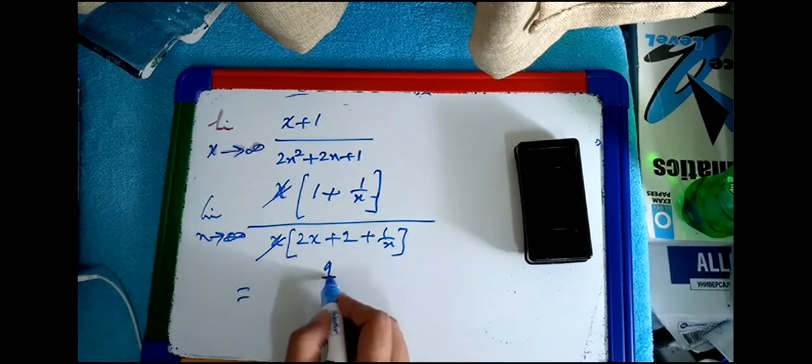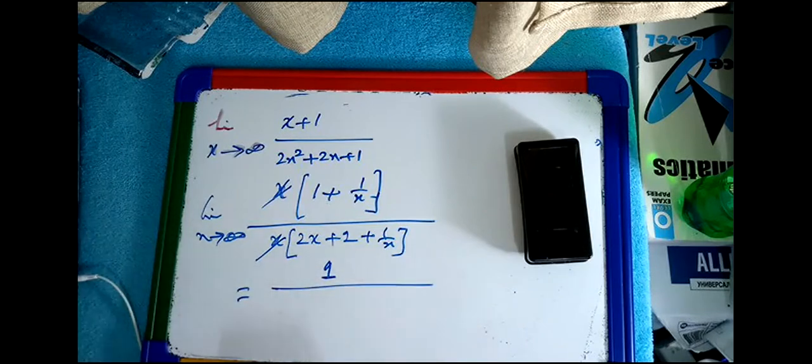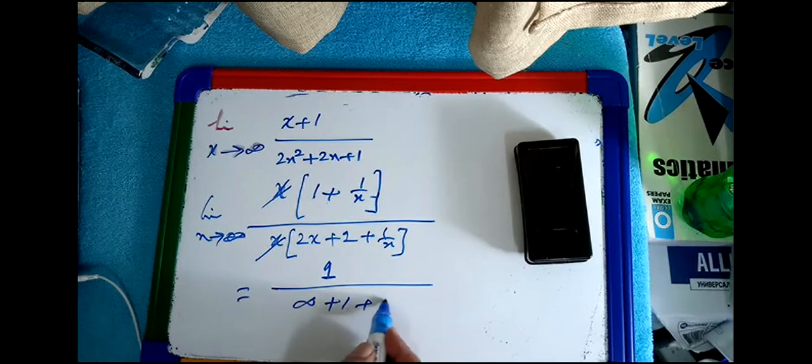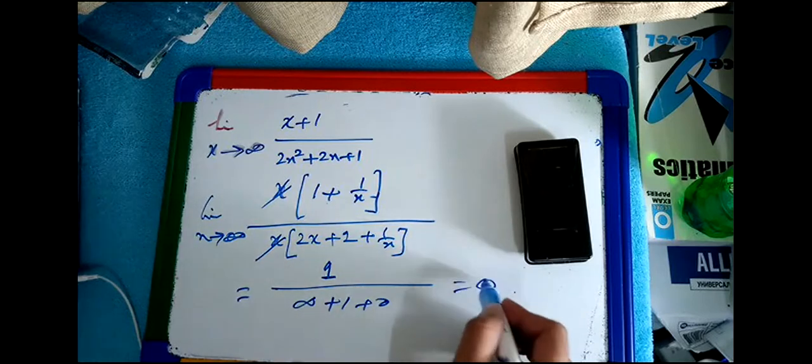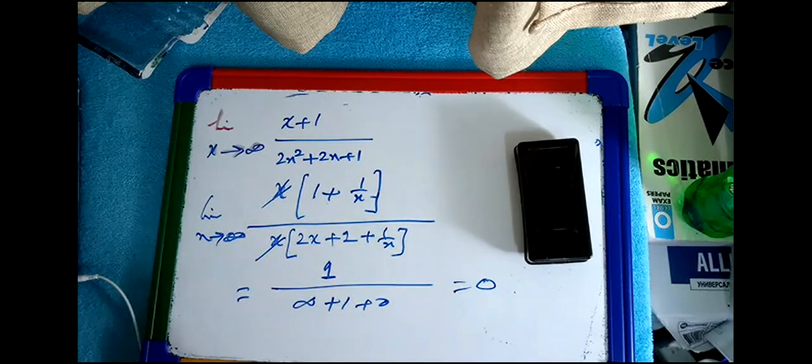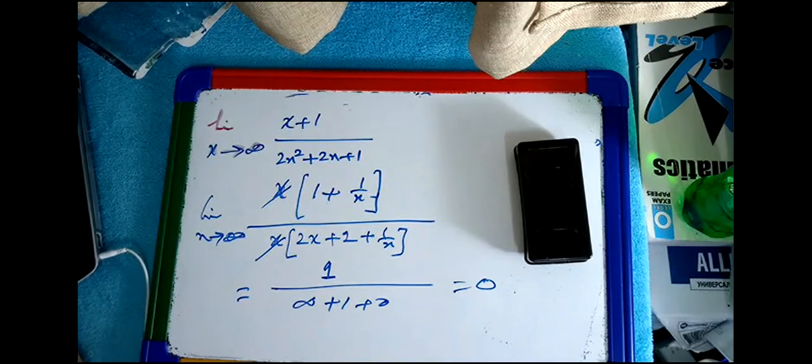And in the denominator, 1 over infinity is 0. So infinity plus 2 plus 0. Excellent. You reached the correct concept. Like this, you can handle it. Perfect? Very good.